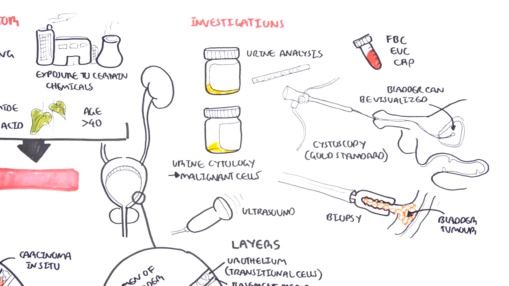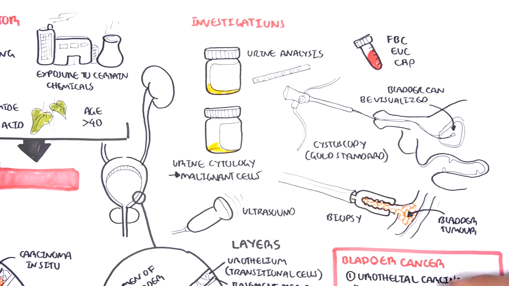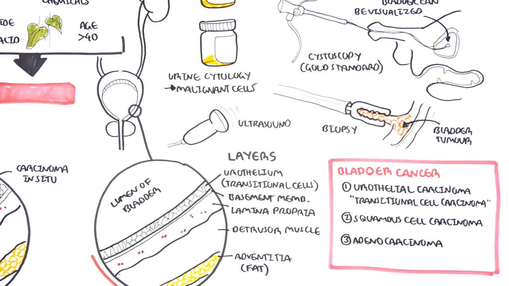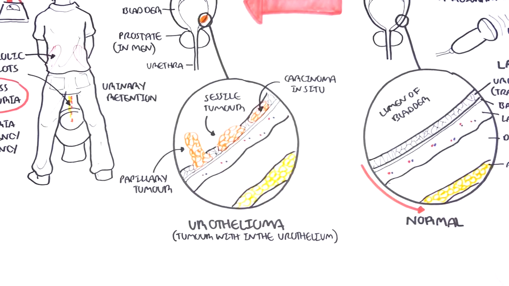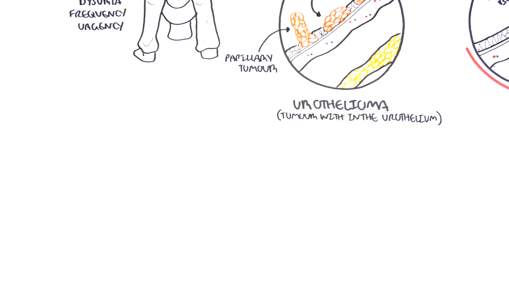The most common type of bladder cancer is urothelial carcinoma, as I mentioned, which is also known as transitional cell carcinoma. There are also other types of bladder cancers, including squamous cell carcinoma and adenocarcinoma. After obtaining the biopsy of the tumor within the bladder, the tissue is examined for malignancy, whether it's present or not.